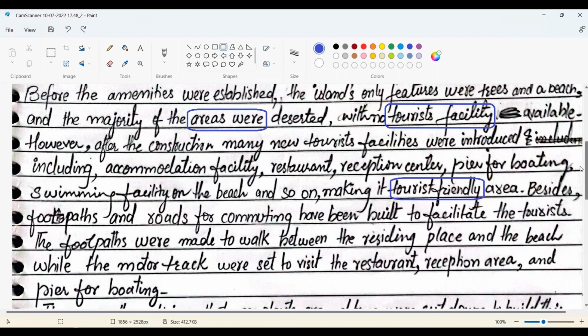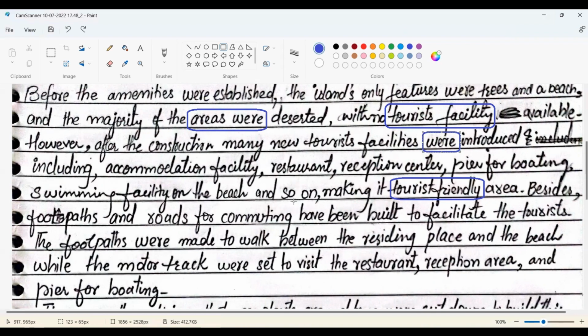Besides, footpaths and roads for commuting have been built. Now, in the previous sentence you have used past tense, right?